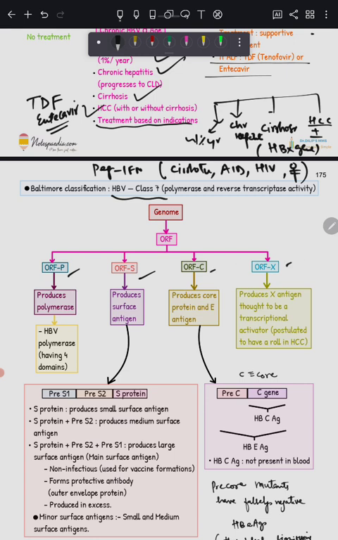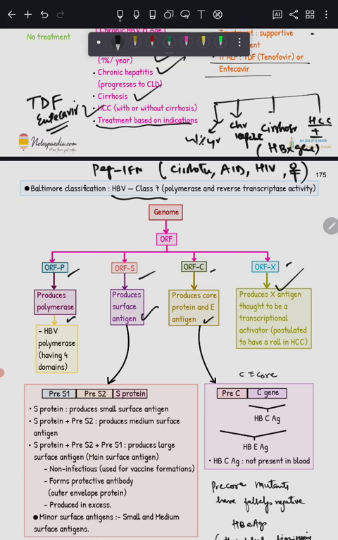This is the genome, and ORF means open reading frames. ORFP produces polymerase, ORFS produces surface antigen, ORFC produces core and E antigen, and ORFX produces X antigen.